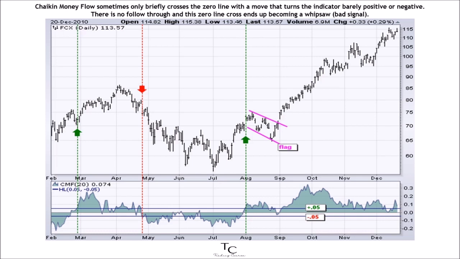Chaikin money flow sometimes only briefly crosses the zero line with a move that turns the indicator barely positive or negative. There is no follow-through and this zero-line cross ends up becoming a whipsaw, or bad signal.